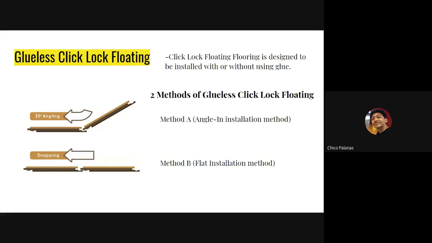Method A is an angle installation method. Its position is to be installed at an angle of 20 to 30 degrees, just like the picture shown, so it is lifted. In installing it, you move the panel gently up and down while exerting forward pressure.